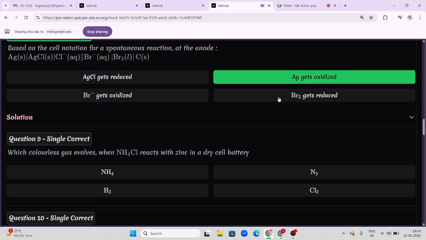So it is oxidation only, na? Yes, ma'am. Is there a question there?